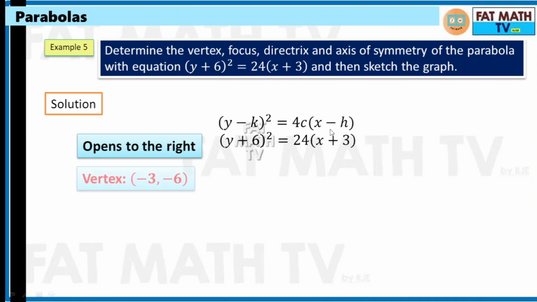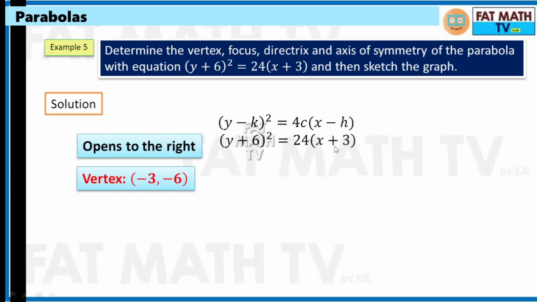So here h is negative 3. If it's a plus here, it has to be negative, because the format of our equation is (y - k)^2 = 4c(x - h). So you have to change the sign of what you see here. So you have negative 3, negative 6.